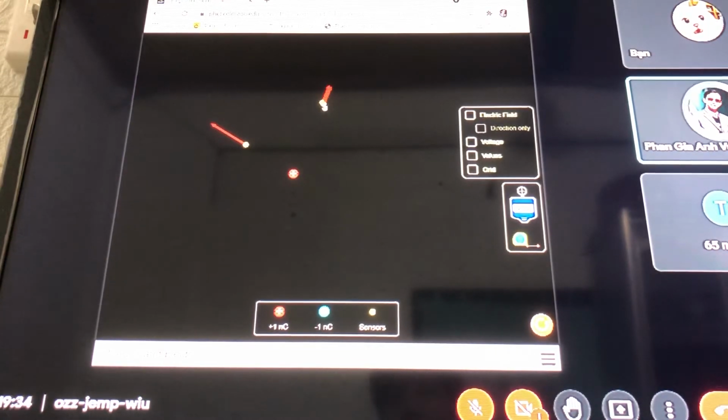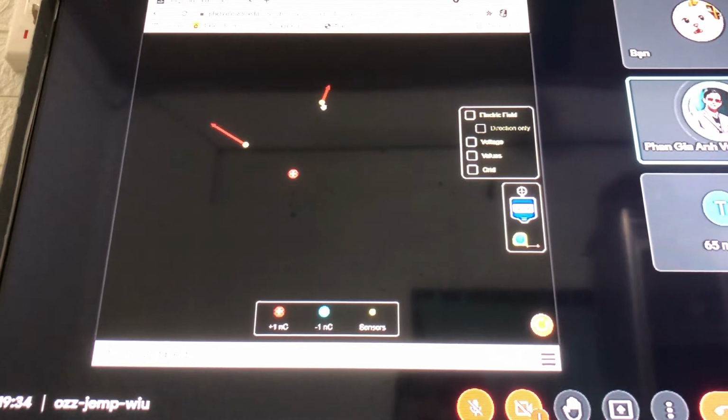I don't keep it in my hand anymore, but I release it without initial velocity. You will see that the charge here will push the test charge so that the test charge moves away. But when I have an initial velocity, it can move in another way, like this, not along this direction.